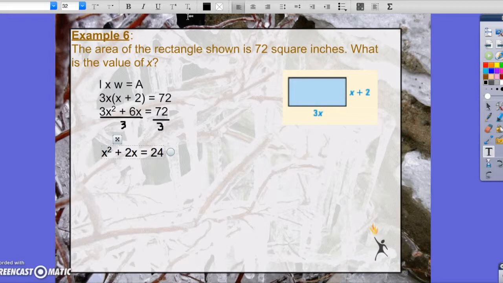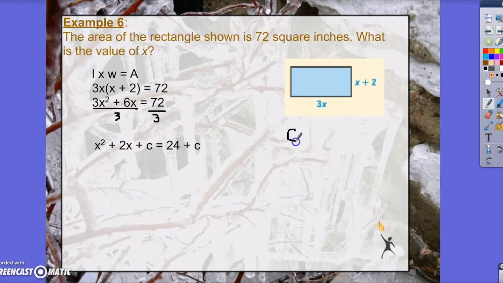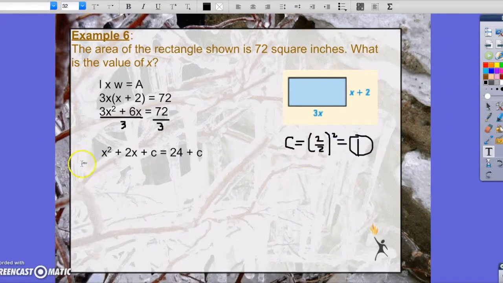And I'm going to go back in here from here and add the plus c. So we're going to have to complete the square for both of them. Now how I get c once again, I'll do it over here. C equals, my b is 2, 2 divided by 2 squared, which is 1 squared, which is 1. So my c for this problem is 1.